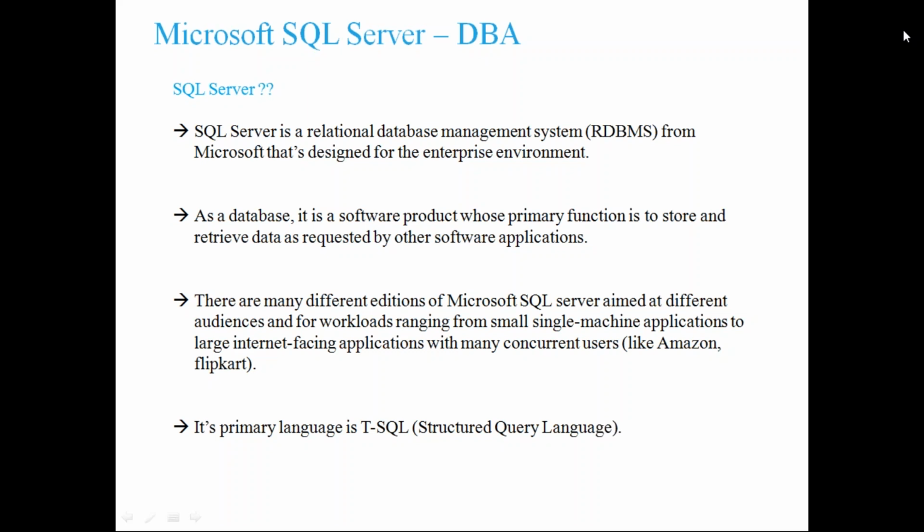In that case, as the tables are interrelated to each other, you can get the information of the customer from the customer table, and you can map the data to the products and the orders table, and that way you can get the results. So it's something like a relational database management system.